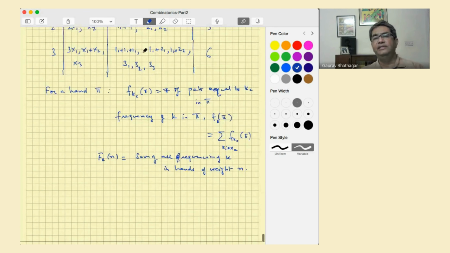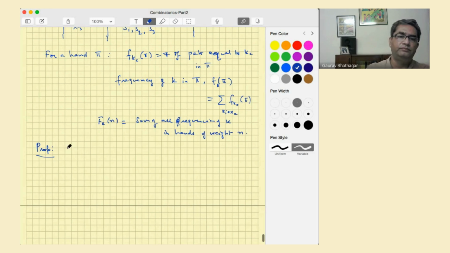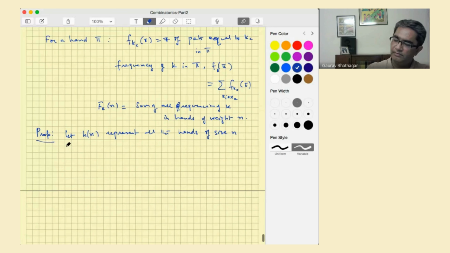So the proposition is: Hn, and everything is as above, represents all the hands of size n, where k comes in bk colors.